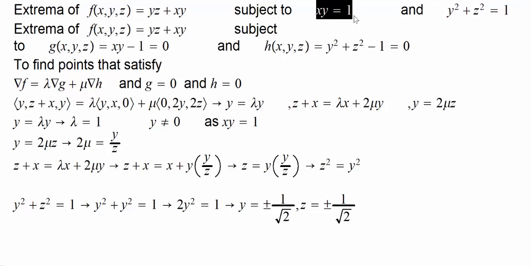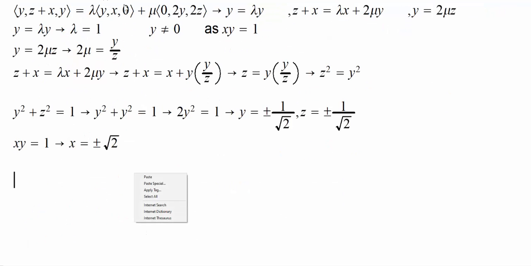So let's first finish finding the points. So xy is 1 means x is going to be, once we substitute this for y, what do we get? Plus or minus a square root of 2, right? So what do we get here as the set of possible points at which we have to compute?